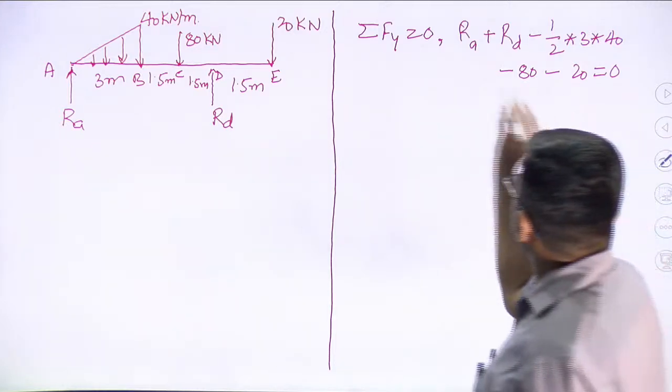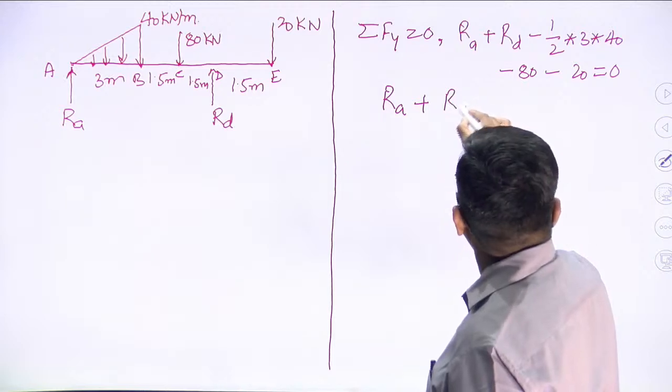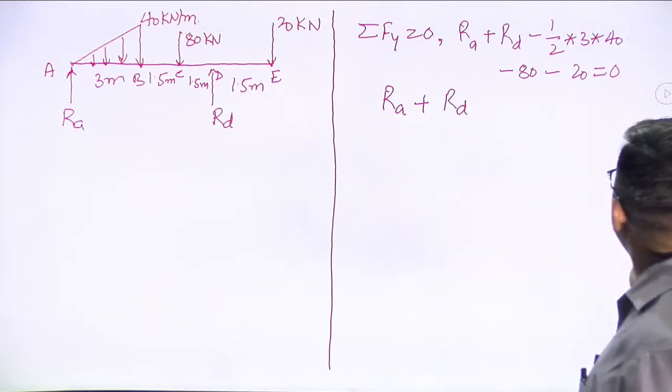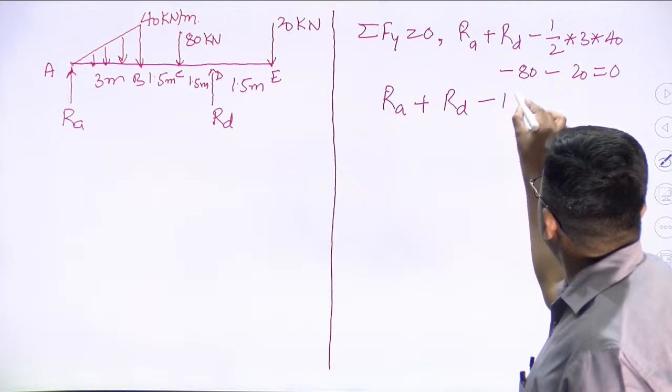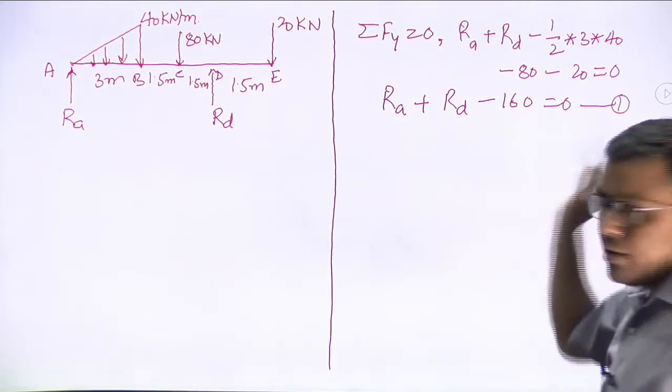It is coming out RA plus RD minus 160 equals 0. I can say this is equation number 1.